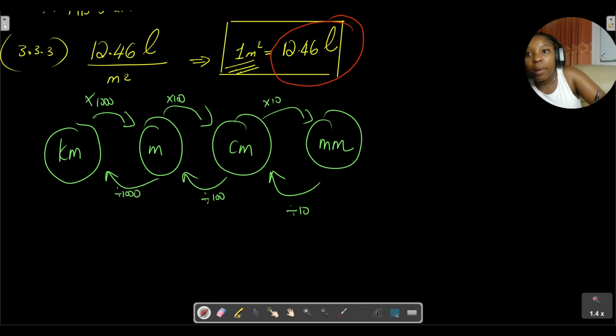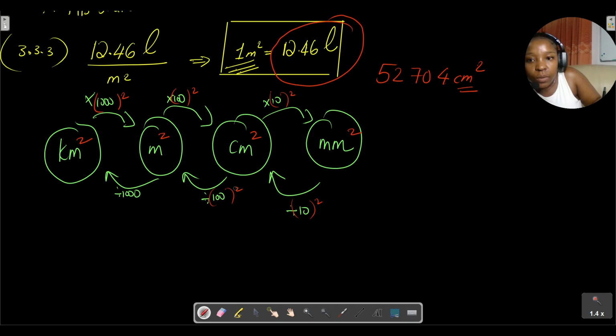But now, remember, we want to convert 52,704 centimeters squared to meters squared. So how do we do that? You're going to square, square, square. If you're squaring those values, you need to also square there. What does this mean?